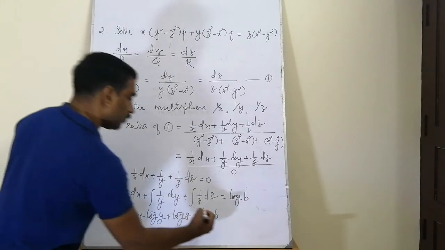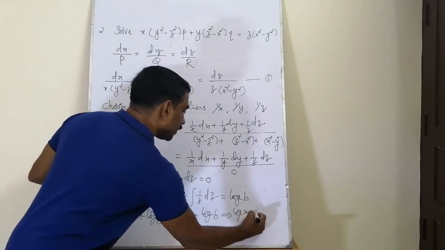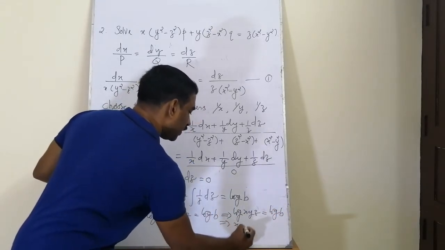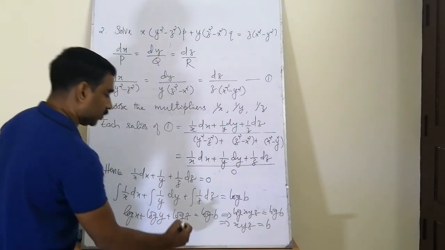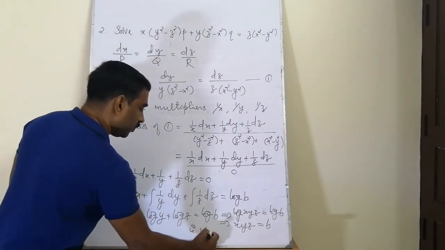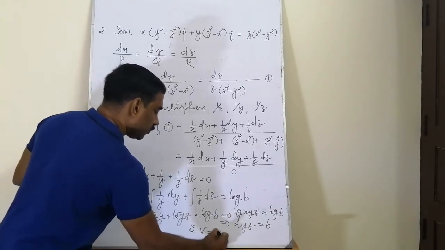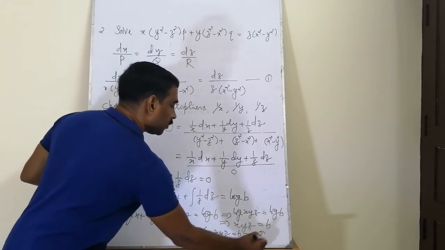This implies log of xyz = log b, or xyz = b. That is, v = xyz = b. We call it equation number 3.